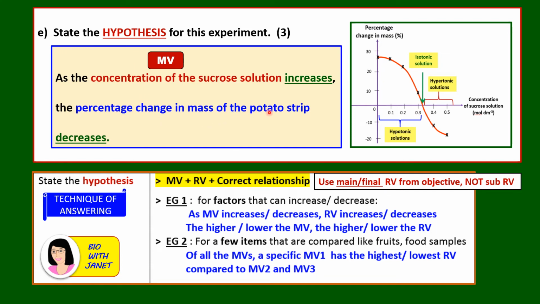Percentage change in mass of potato strips is your RV, the final RV. So one tick here. And the relationship is increases, decreases. So one more tick, so 3 ticks. Now, why is the relationship increase, decrease? It's not increase, increase. It's increase, decrease.